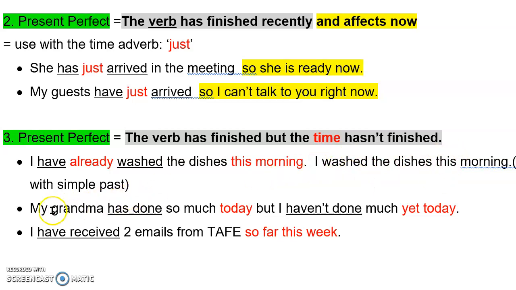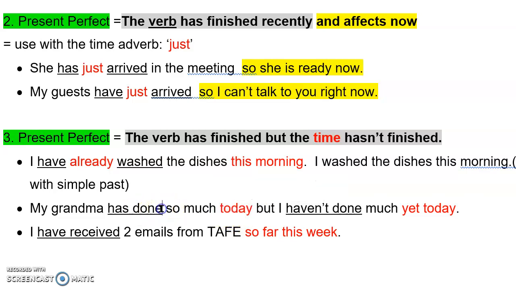All right, let's look at the next one. My grandma has done so much today, but I haven't done much yet today. So we can see here our verb is present perfect, has plus the past participle, has done, and our time word is today. So today hasn't finished, it's still going.